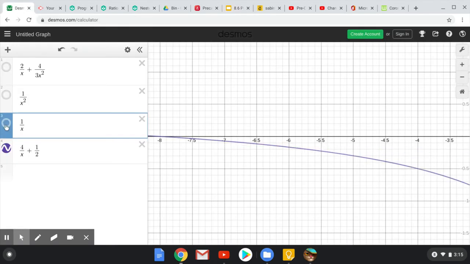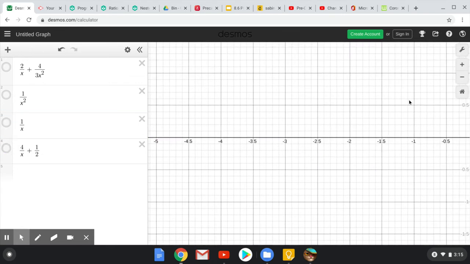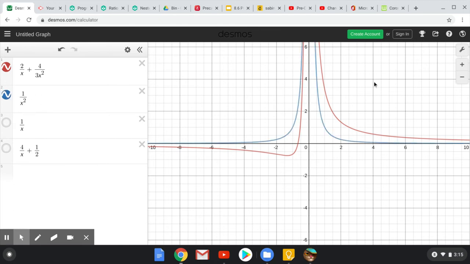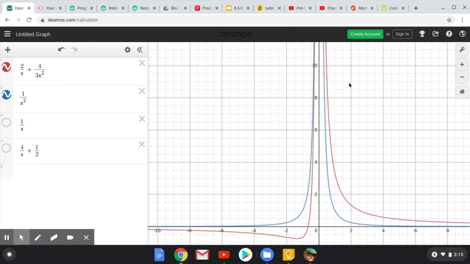So let me undo this. For the first example, the first side was this, and then the right side was 1 over x squared. So this is what they look like when you plug it in. And again, Desmos doesn't have an intersect button, so we're going to have to manually find it.